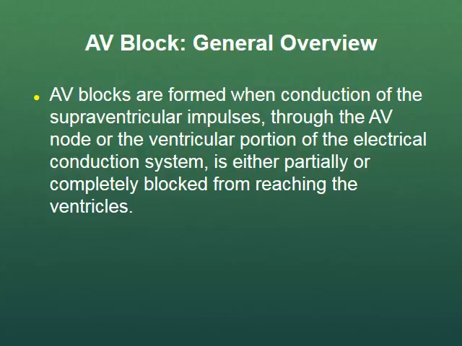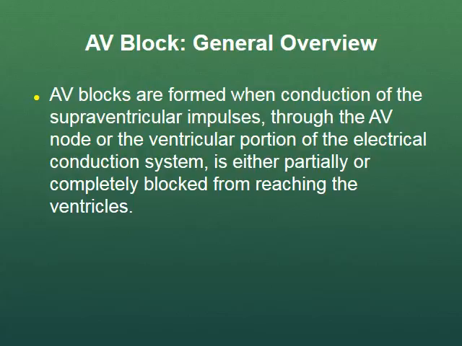AV blocks are formed when conduction of the supraventricular impulses is blocked through the AV node or the ventricular portion of the electrical system. So it's either partially or completely blocked from reaching the ventricles.